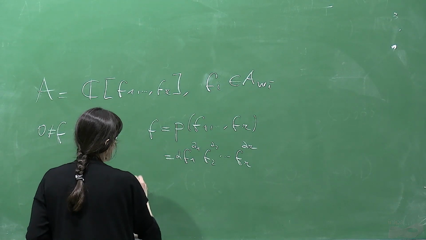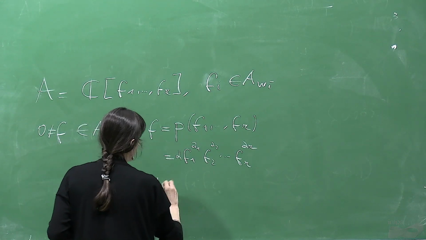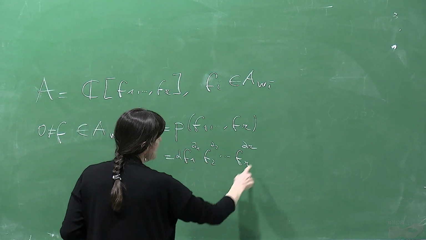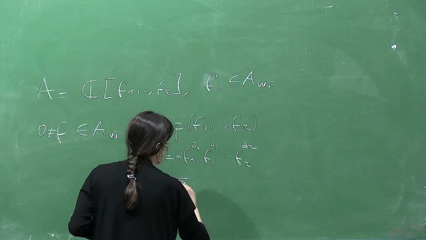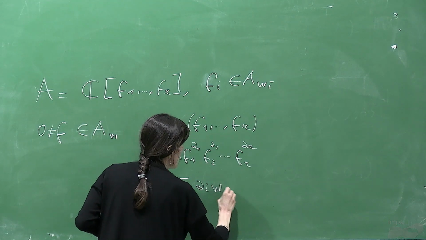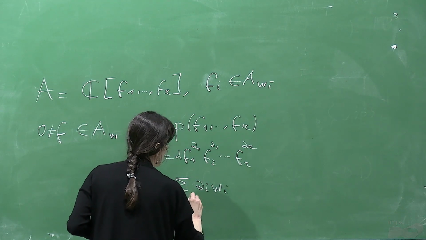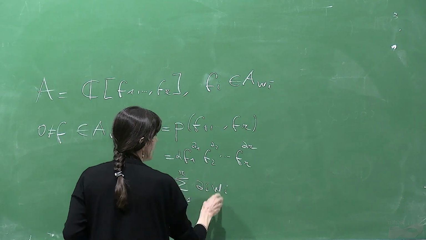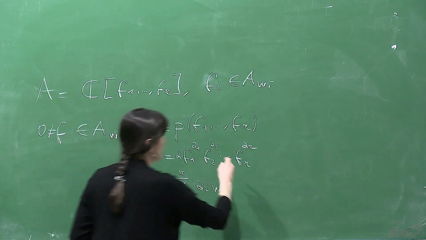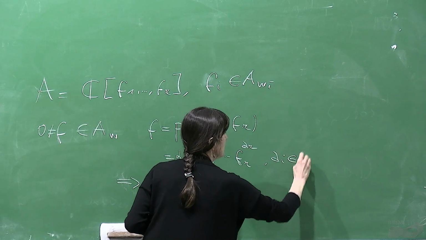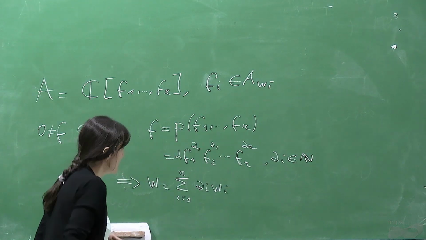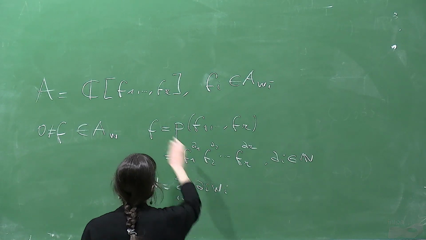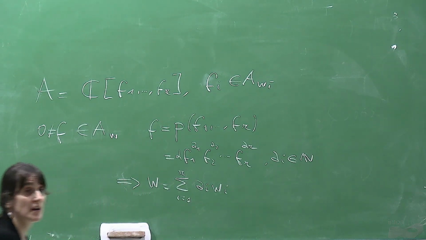So W, which was the degree of F, must be the degree of this product, which is the sum, a combination with non-negative integral coefficients of these degrees. Of course, these ai are natural numbers. So this shows that the weight monoid is generated by the degrees of a set of homogeneous generators.